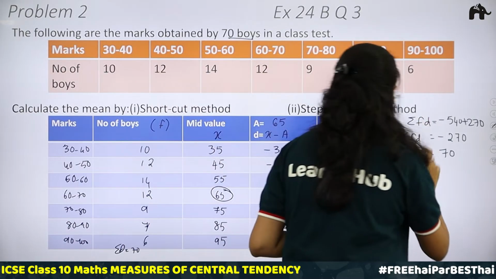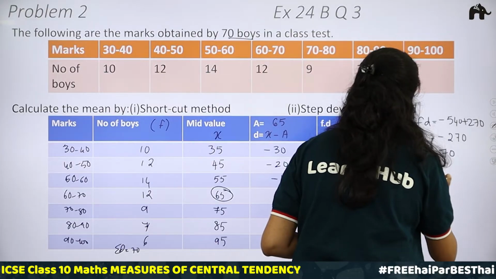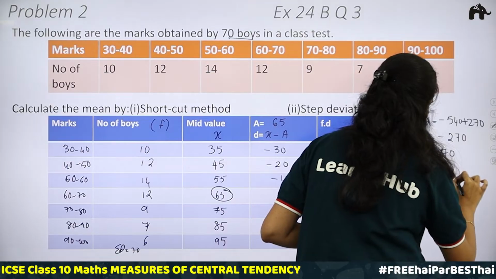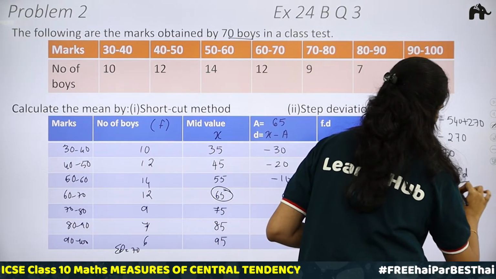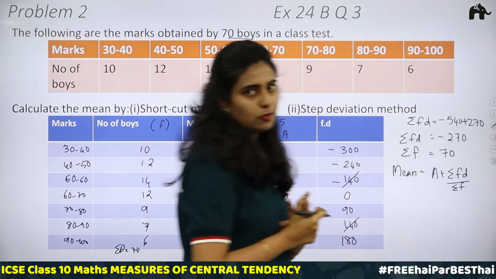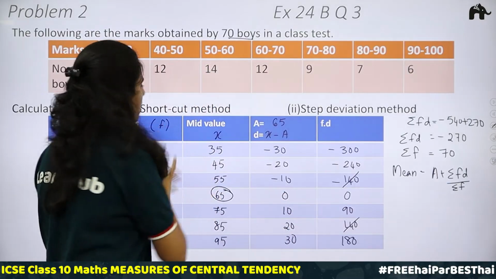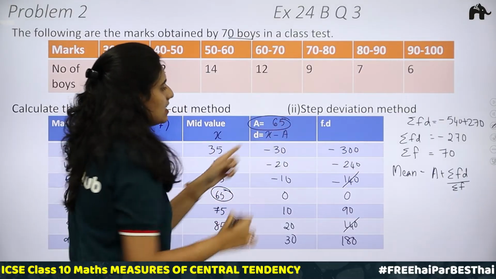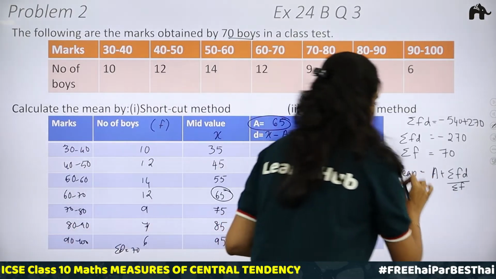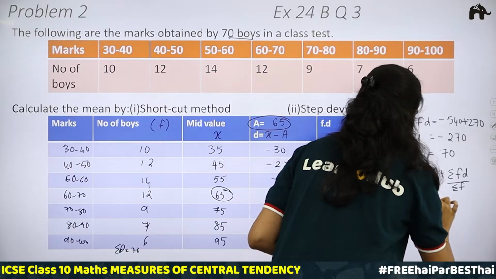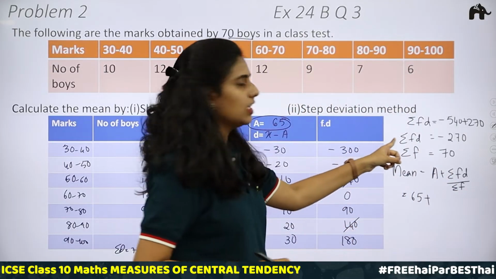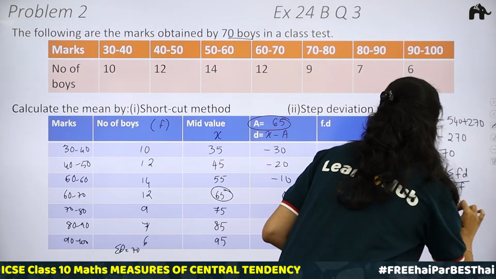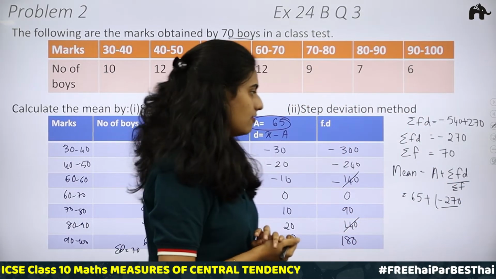Now how to find the mean in this case? Mean will be equal to A plus summation FD divided by summation F. This is how you determine it using the shortcut method. Now, what is the assumed mean? The assumed mean here is 65. So 65 plus summation FD, which is minus 270, divided by summation F, which is 70.